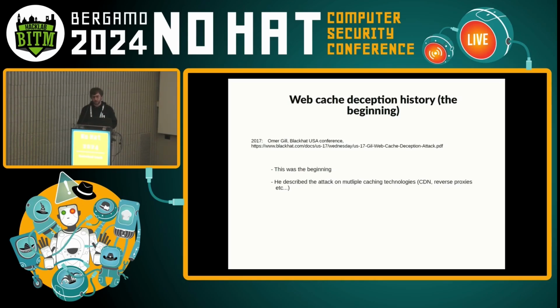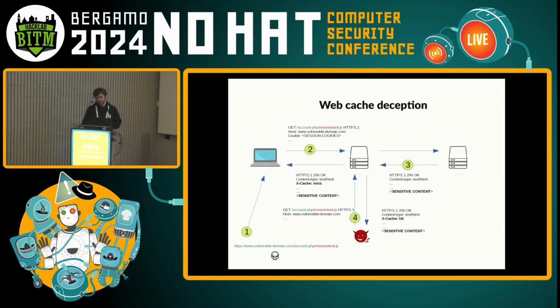He described the attack on multiple caching technologies like CDN, reverse proxies, etc. Because the intermediary node can be, as a classic example, a CDN node, a content distribution network node, but it can also be a reverse proxy like Nginx. And sometimes, for example with the WP cache plugin, there is no intermediary node. It is the origin server that caches some resources to serve them quickly.